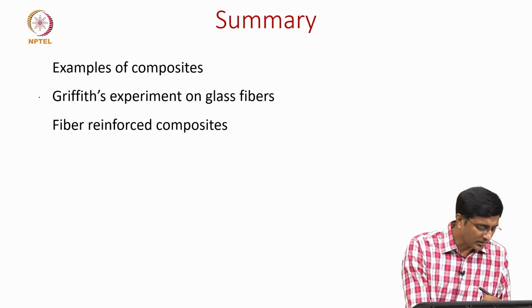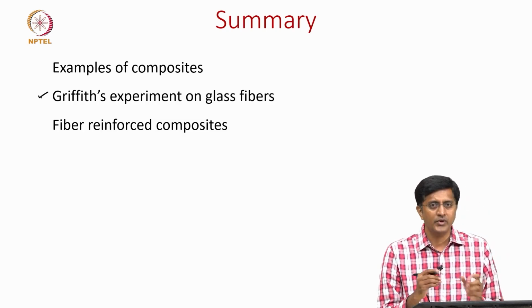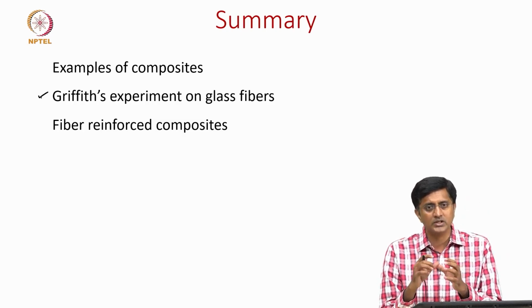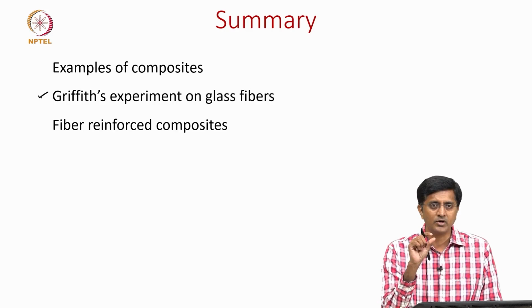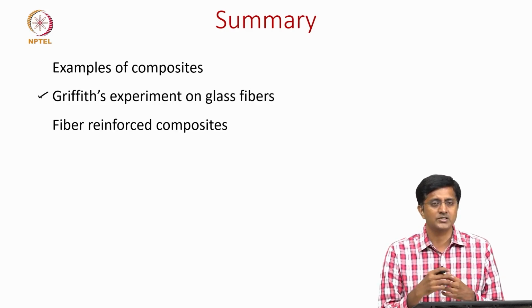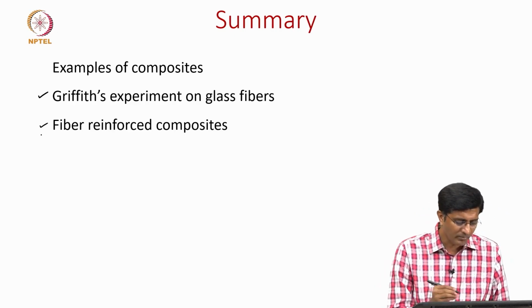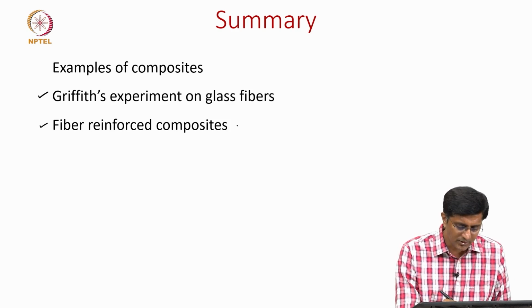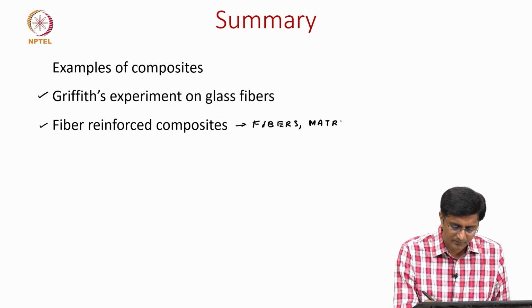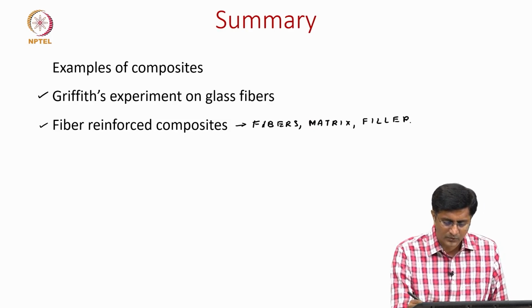For that we looked at Griffith's experiment, where we saw that as you reduce the size or diameter of the fiber, we get higher strength, related to the lower likelihood of finding flaws. Finally, we looked at fiber reinforced composites, which have fibers, matrix and filler.